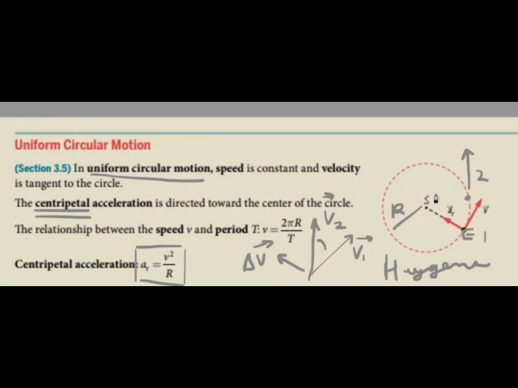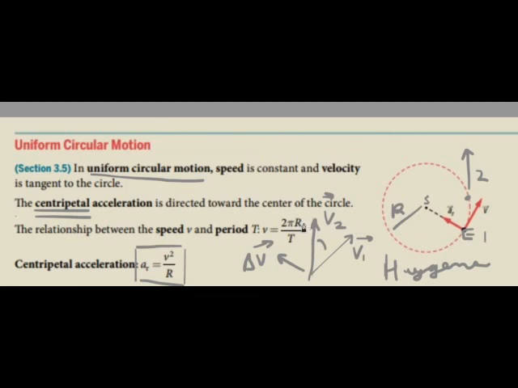So for example, we know the distance from the sun to the earth. It's 150 million kilometers. We know the period of revolution of the earth around the sun. It's 365.25 days.